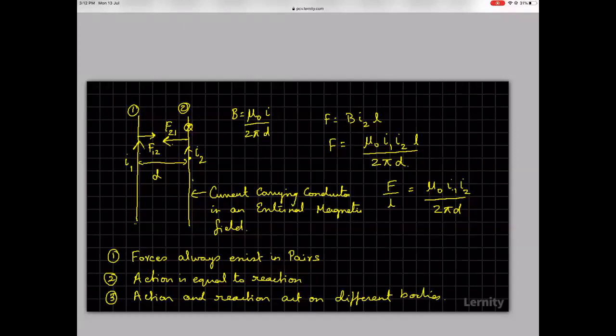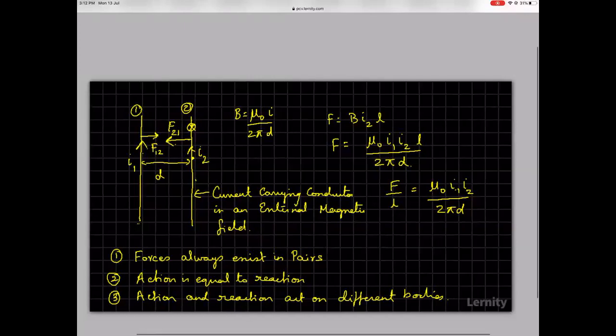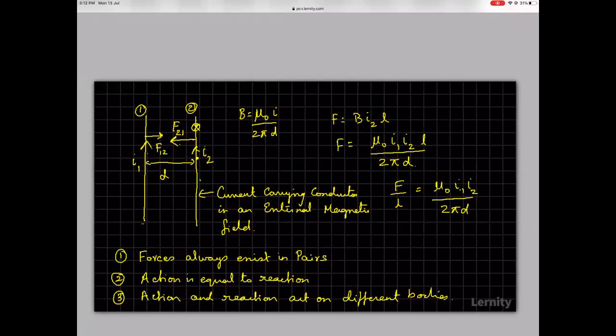So do you understand that two parallel current carrying conductors attract each other?